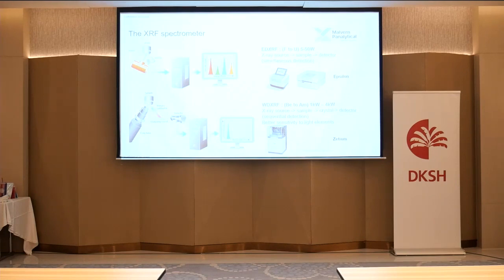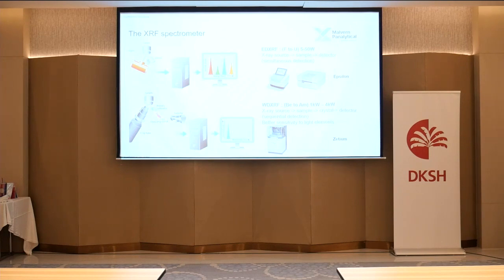Wavelength dispersive XRFs have a more complex configuration. The X-rays again fall onto the sample, but then you have collimators and analyzer crystals, and then it falls onto the detector. So you have two more components here, the collimator and the analyzer crystal.